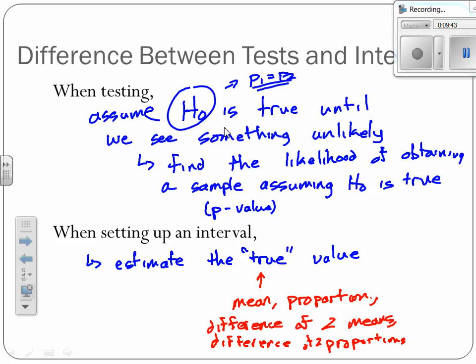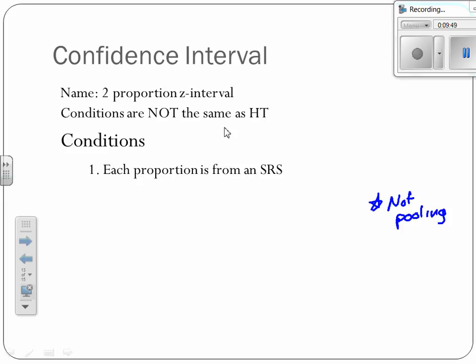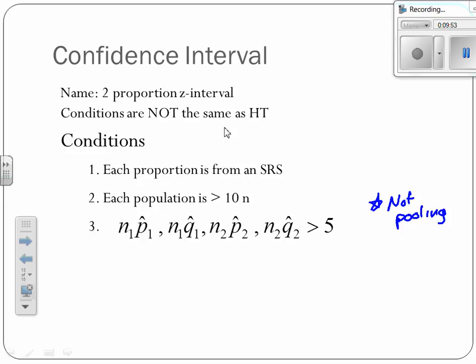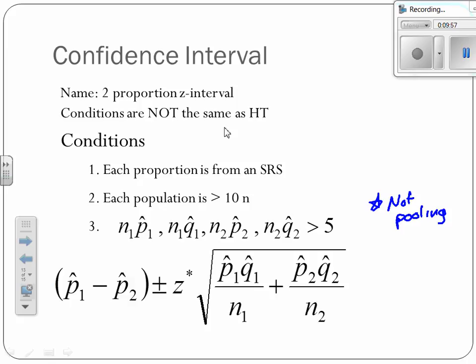Well, if those two things are equal, we're essentially saying, let's just put them together. Well, since we're no longer working under that assumption, there's no assumptions here with the confidence intervals. We can no longer put stuff together. That's the basic idea.